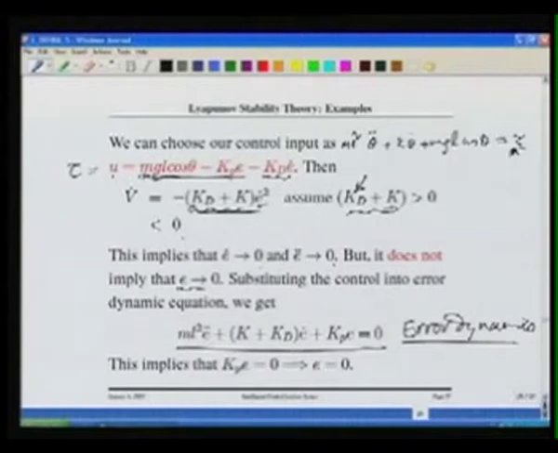So once this error dynamics is known, from here you can see, because E double dot converges to 0 and E dot goes to 0, obviously E has to go to 0. So this implies E is 0, E dot is 0, E double dot is 0, that means my link, whatever may be the initial position, will exactly go to the desired position.